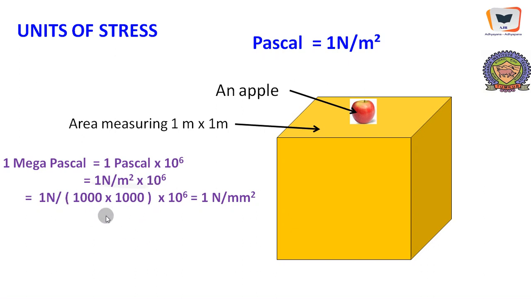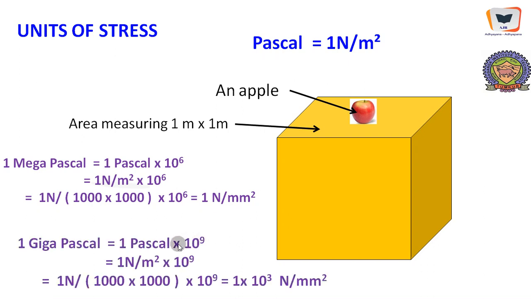And here what remains is millimeter square. Therefore, 1 megapascal is 1 Newton per millimeter square. 1 Newton per millimeter square is a great stress. It is as good as placing one apple over an area measuring 1 millimeter by 1 millimeter.